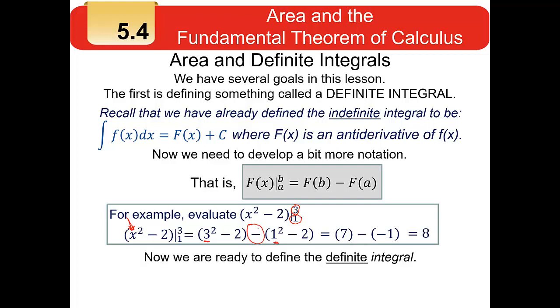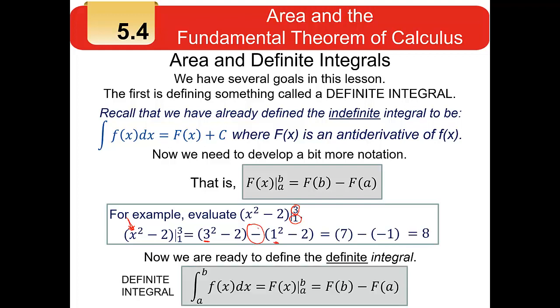But now we're ready, with that notational bit of information added, to define what we'll call the definite integral. The definite integral is defined to be, it's the same symbology we use for the indefinite integral, except we've got these numbers a and b added to the integral sign.